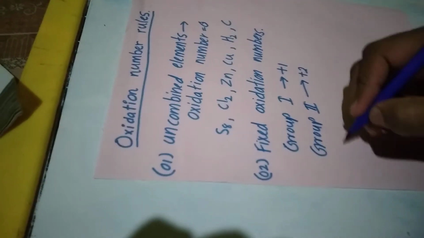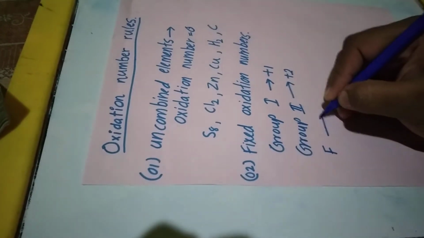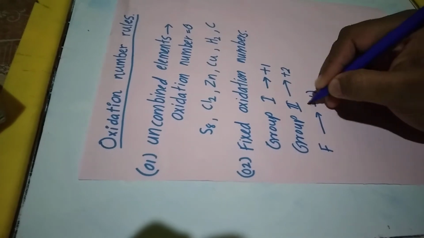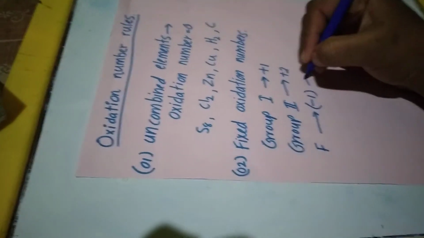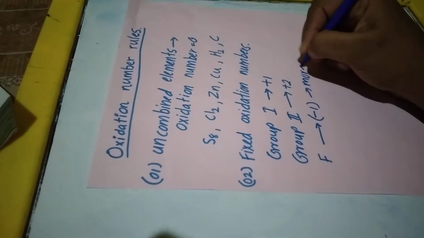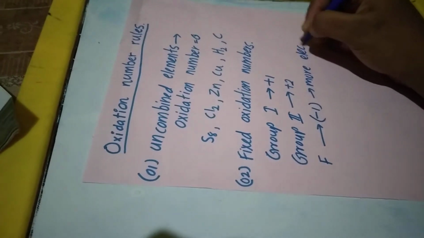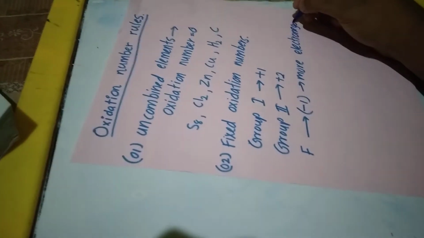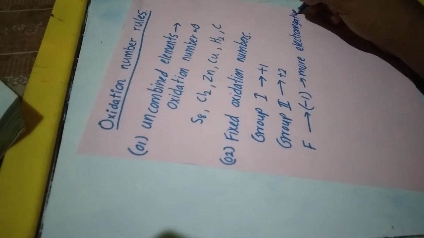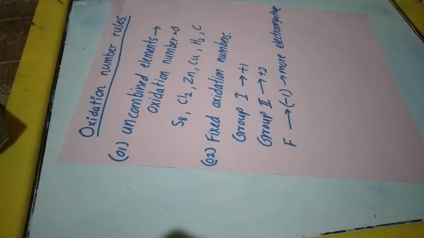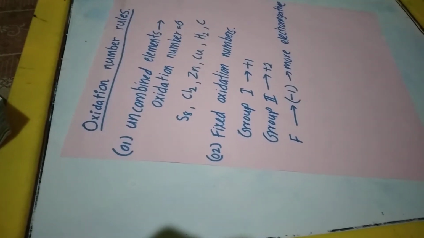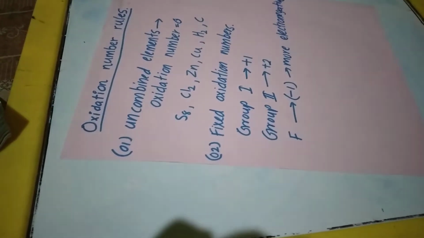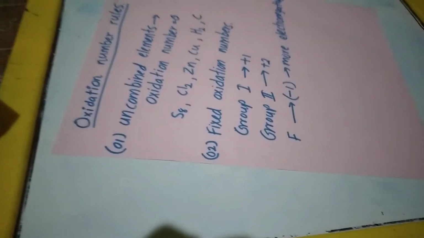And fluorine always has the oxidation number -1, because it is the most electronegative element in the world, so it always likes to be in the reduced state.